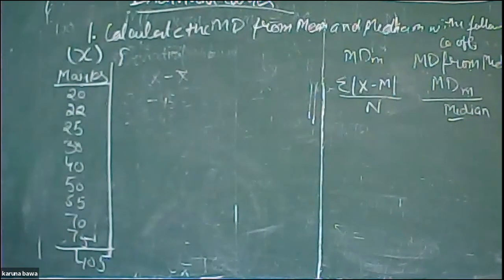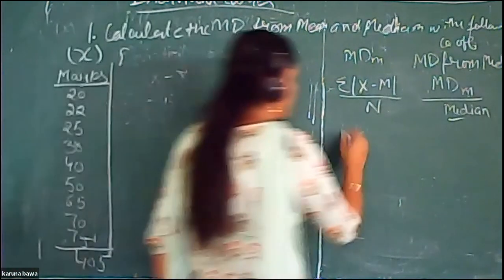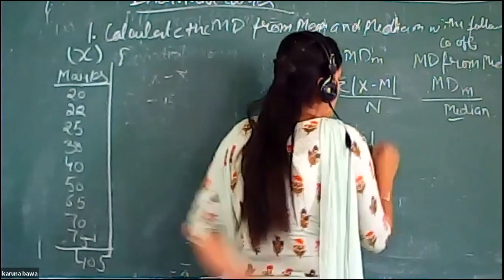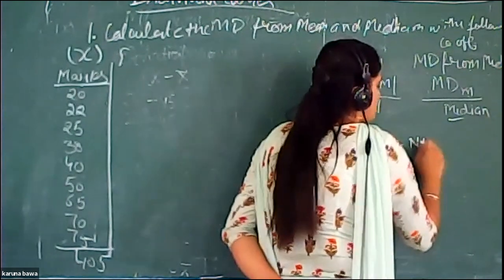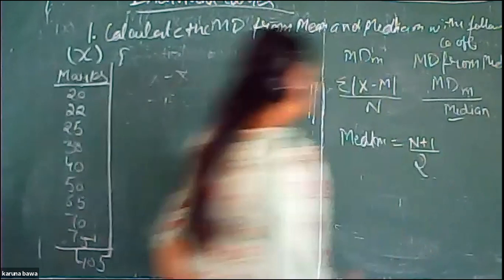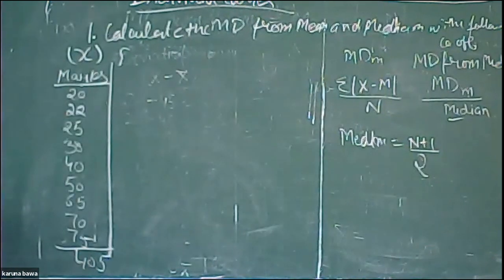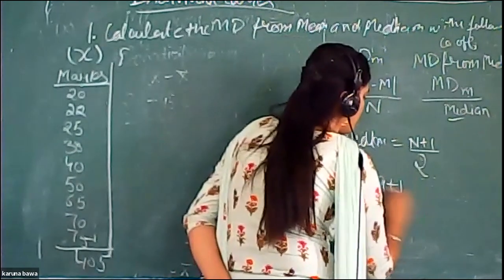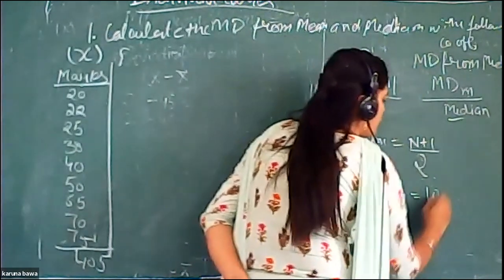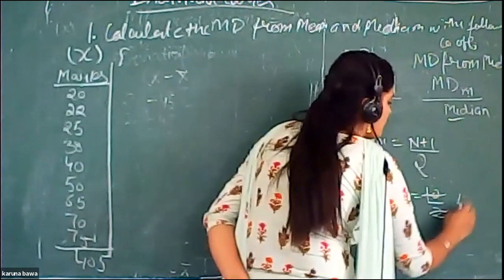So after this, first of all, we find out the median. As we know, the formula of median is the size of the (n plus 1) over 2 th item. So with n, the number of observations, as 9, 9 plus 1 is 10, over 2 is 5.